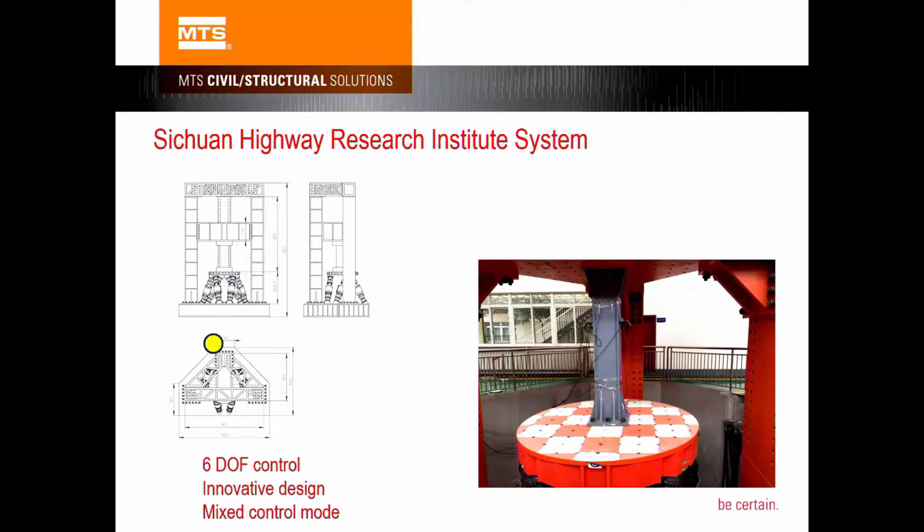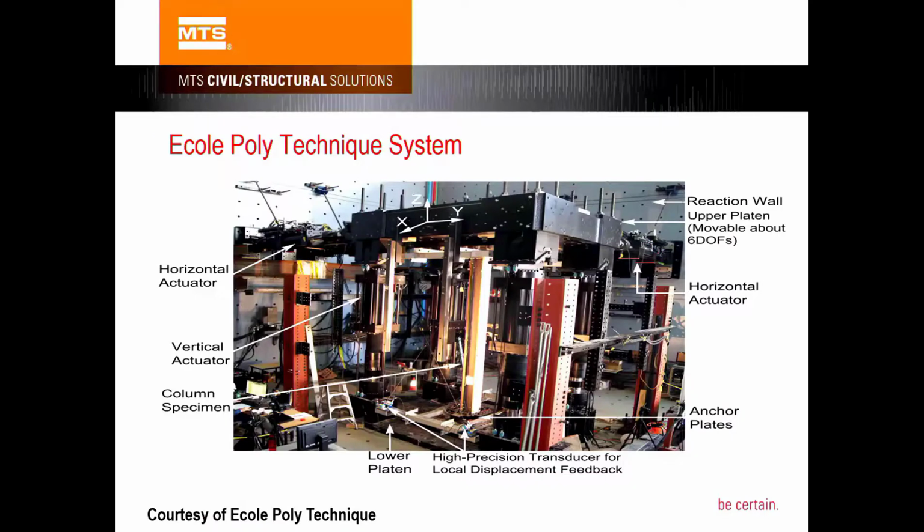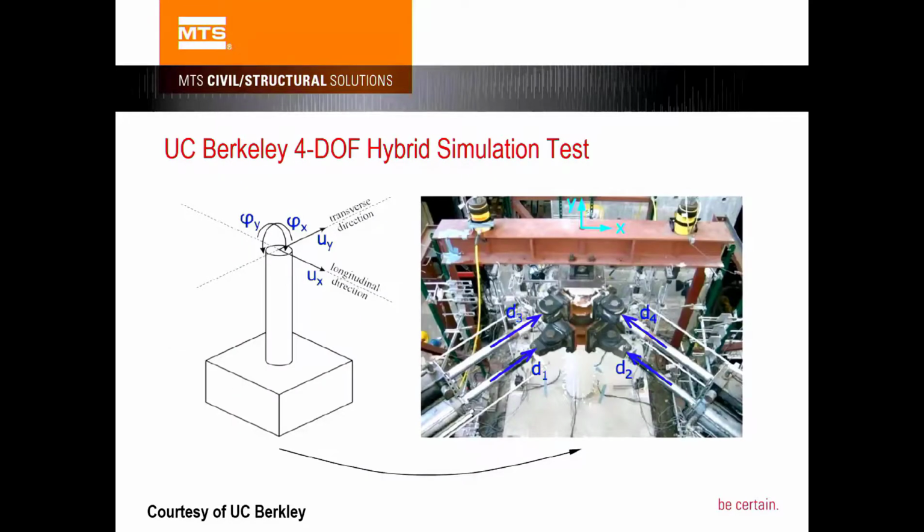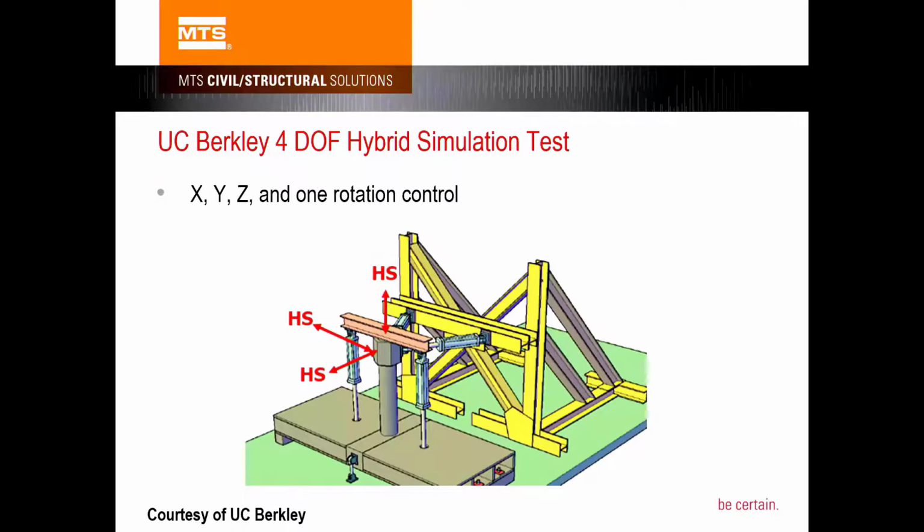Coupled with hybrid simulation, that's going to be a very effective tool. This is a 6 DOF control system, and there are also many 4 DOF systems. This is another 4 DOF system, which can be easily achieved by our DOF control software.